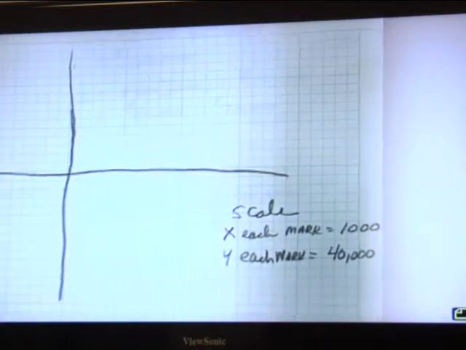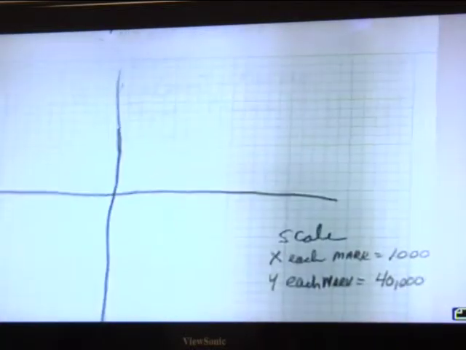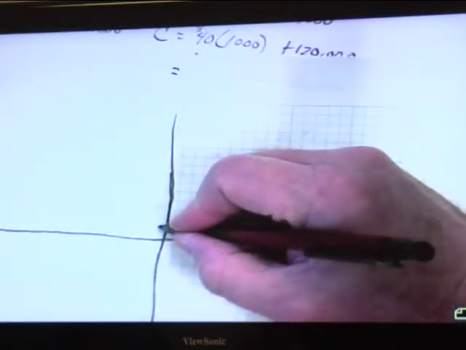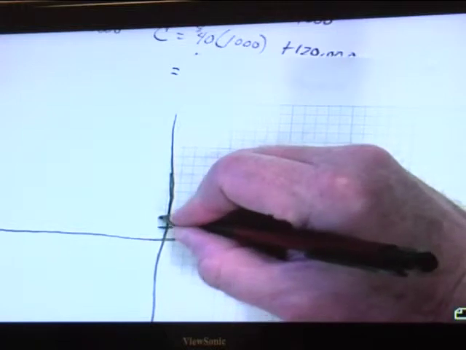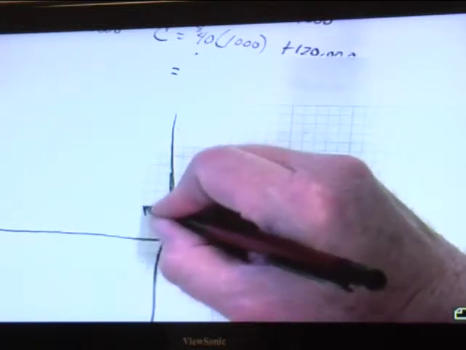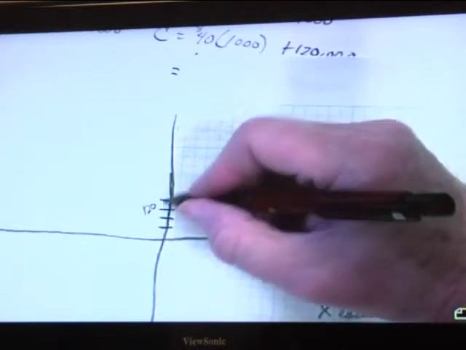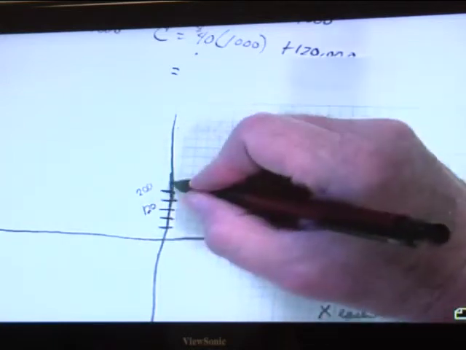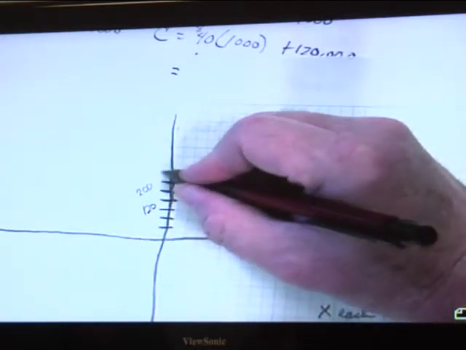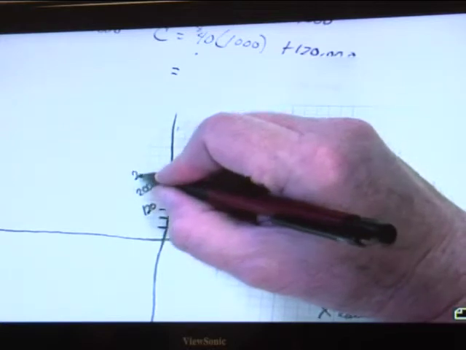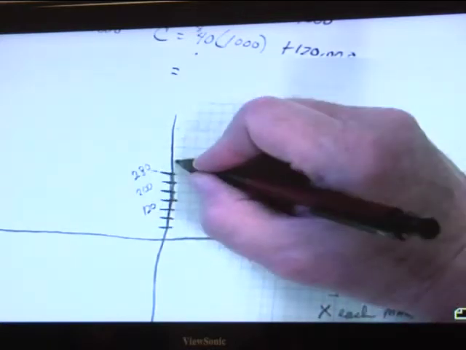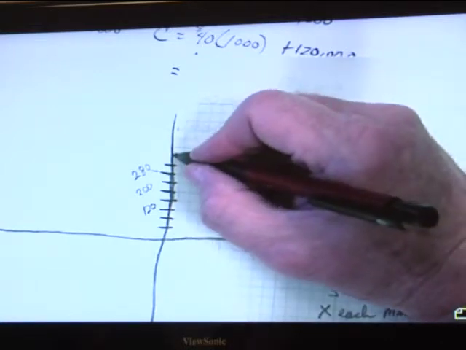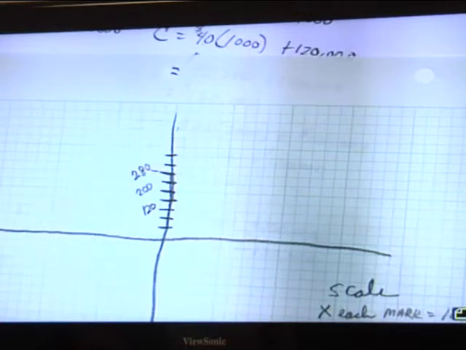Okay? So I'm going to draw a new graph. If I'm going to do that, I better put that. Well, we can do it this way. 40, 80, 120, and 40 would be 160, 200, 240, 280, 320, and 360. All right.